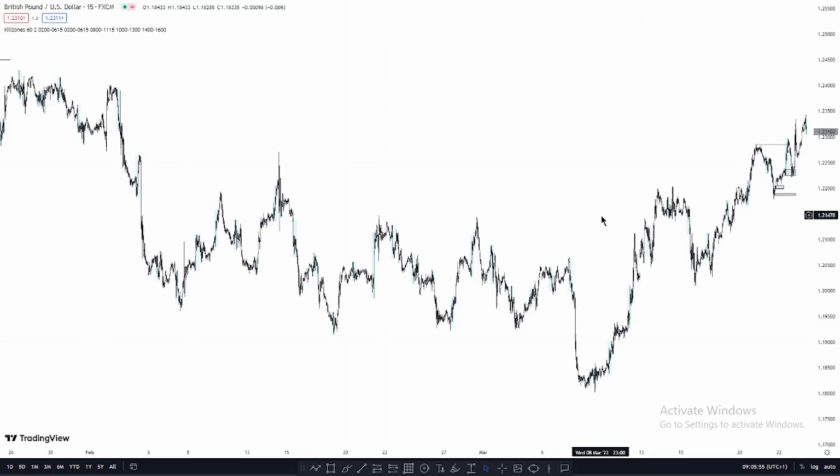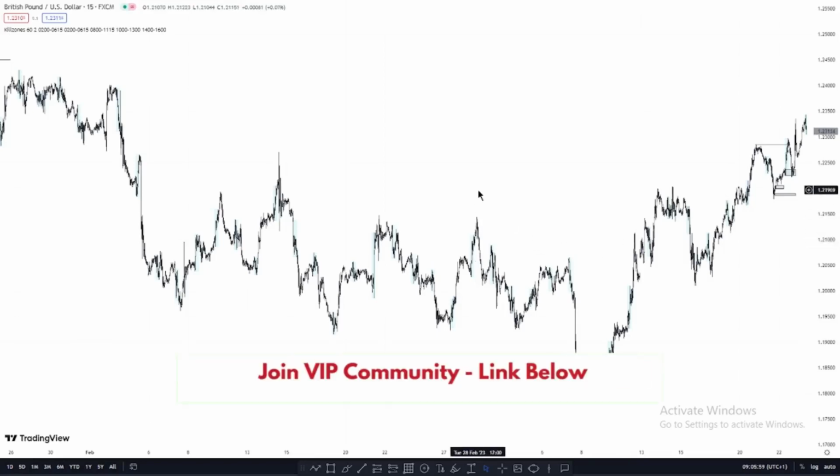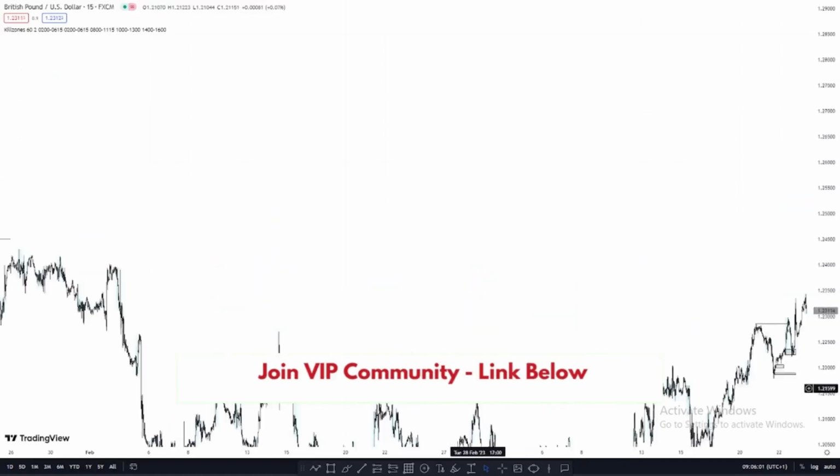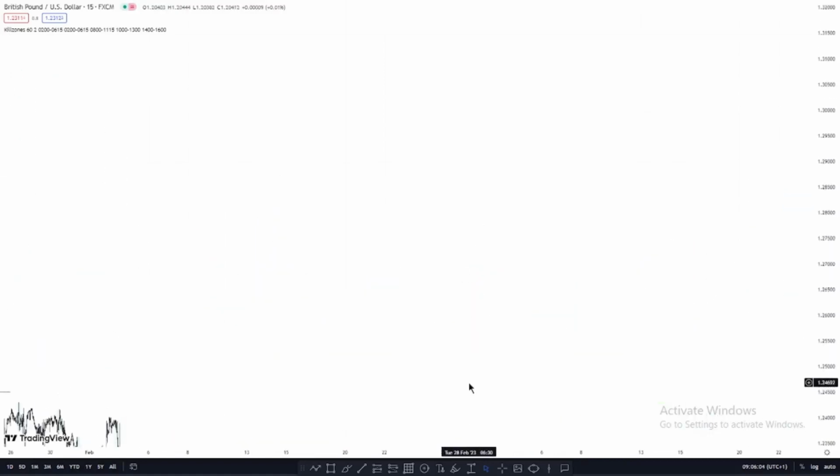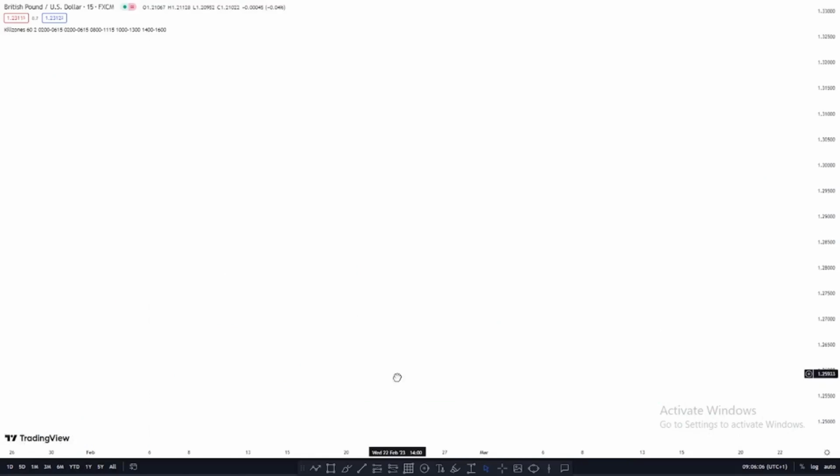Structural traps. Now, let me begin by showing you on a whiteboard what I mean by structural traps, how the smart money traps the retail traders. Now, take a look.